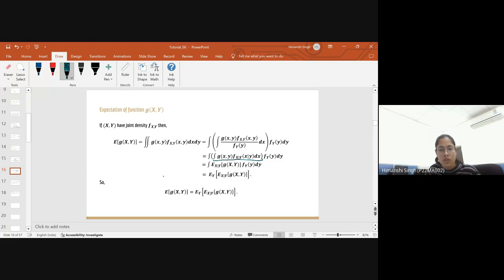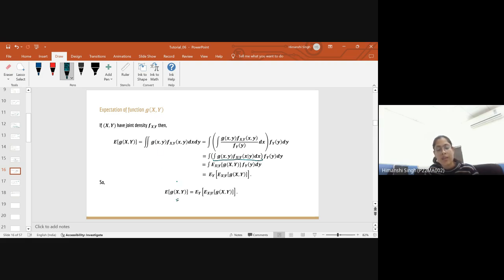So if I know the conditional distribution of x given y, I can directly find the expected value of this thing. And if I know the density of y, I can find the expected value of the resultant quantity. Then I will be able to find the expected value of gxy.